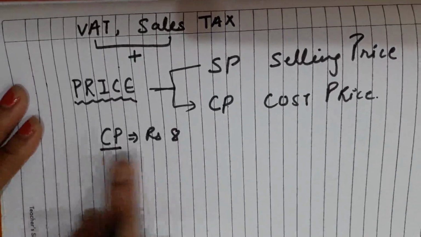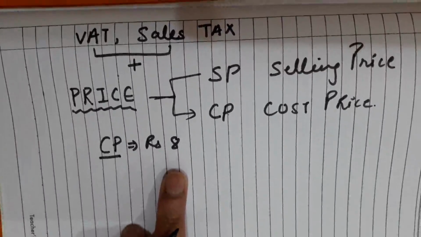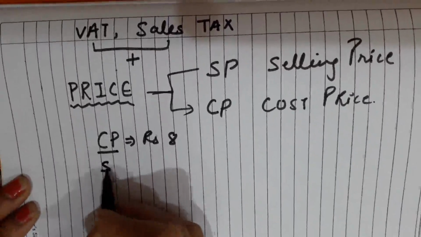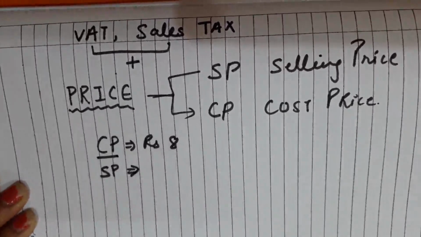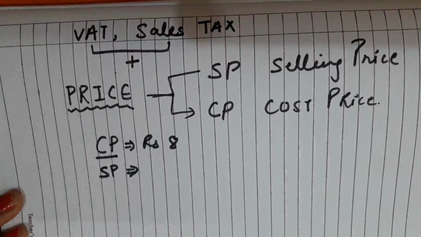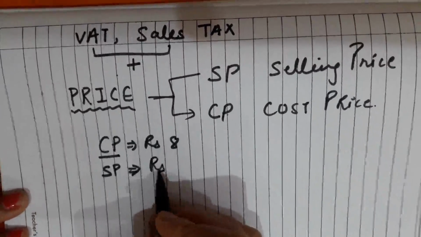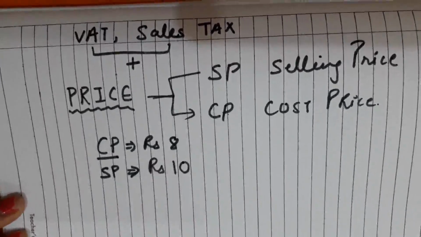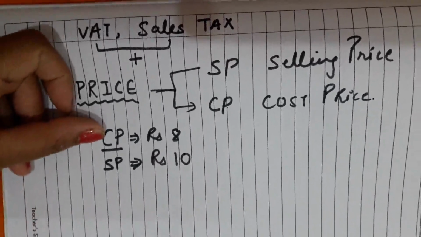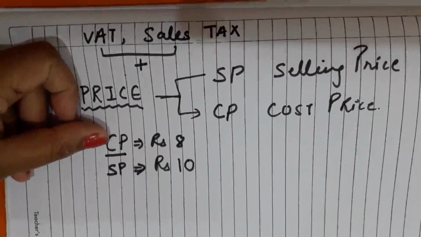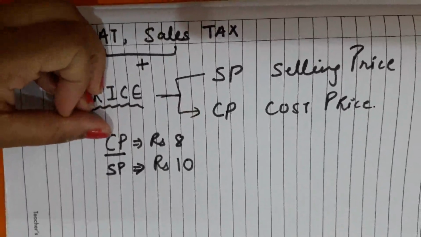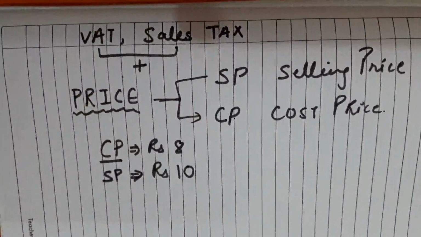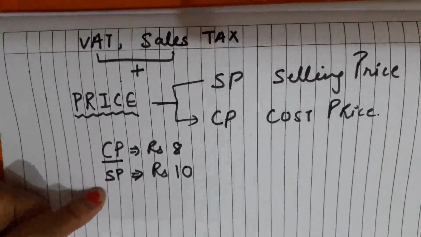Now I want to sell that pen, so that will be your selling price, the amount at which you sell. So I want to sell that pen at rupees 10. So the cost price, from where I have bought that pen, is rupees 8. It means that will be your CP. Now I want to sell that pen, that will be the SP.